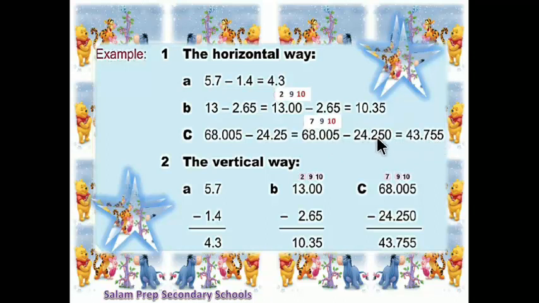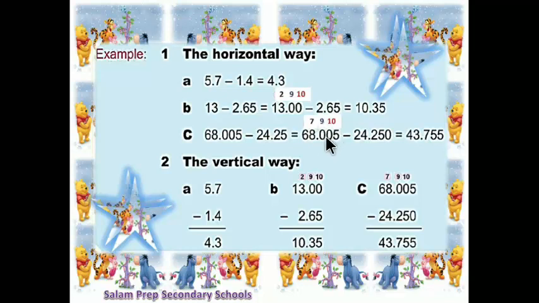0 minus 5, it doesn't go. We will borrow. We can't borrow from 0, so we will borrow from 7. We will borrow from 8. 8 will be 7. 0 become 10. 0 borrow from 10. 10 will be 9.